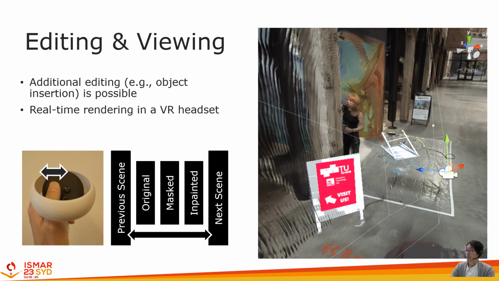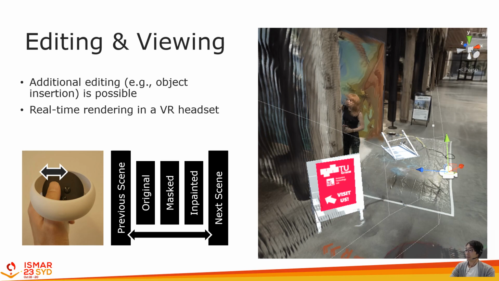Since the 3D image has explicit volume, we can import conventional 3D models into the scene and show it in a VR headset, for example. In this example, we put a textured 3D mesh in the scene using Unity editor.